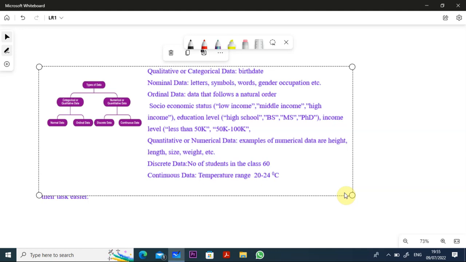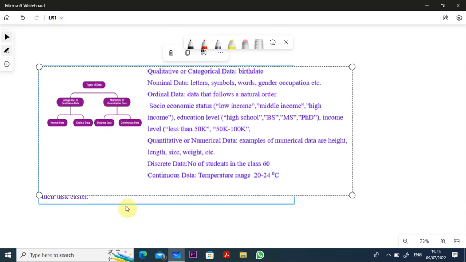The qualitative or categorical data is again divided into two: nominal data and ordinal data. Similarly, the numerical or quantitative data is divided into discrete data as well as continuous data.